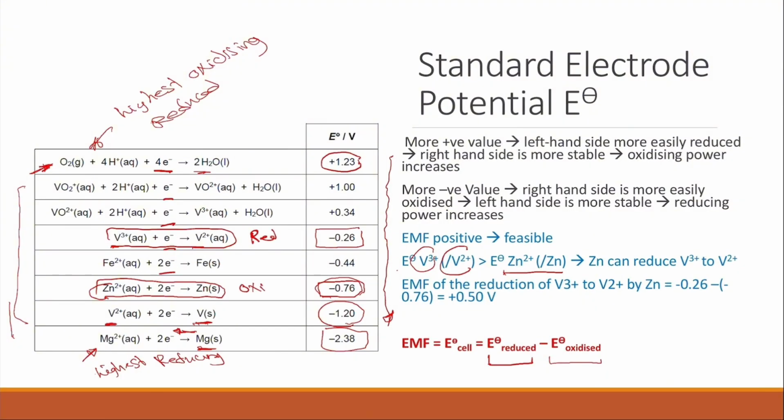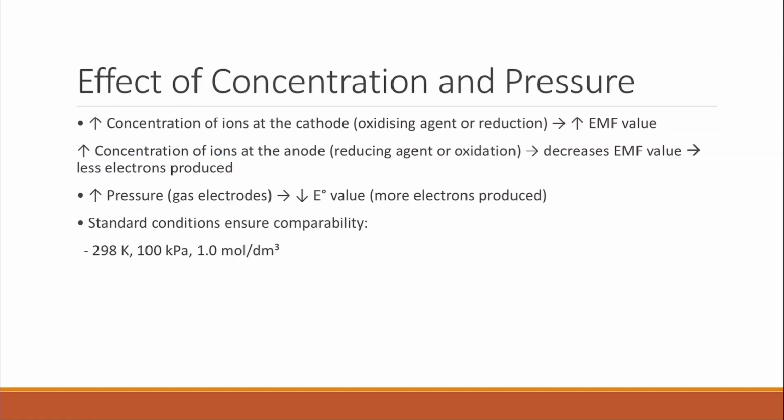So it's going to be the standard electrode potential for the reduction, which is minus 0.26, minus the standard electrode potential for the one that is oxidized, which is the zinc, so it's minus minus 0.76. And then you can calculate that and find the EMF for this particular cell, which is 0.5 volt. As you can see, it's a positive value, which means this can actually be feasible.